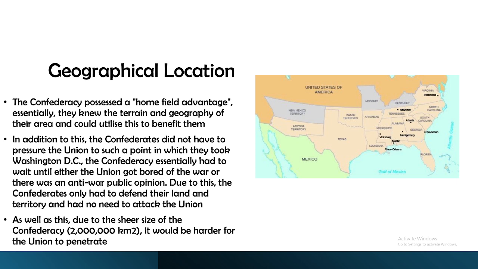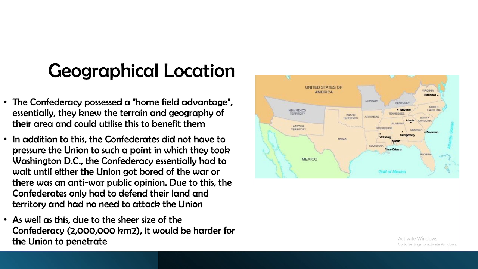So geographically, as already mentioned, the Confederacy had a home field advantage. They knew what their land was like. They knew the terrain of it. Also, just looking at the size of it, the Confederacy is absolutely massive, right? Obviously, the United States as a whole is gargantuan, but the size of the Confederacy, especially places like Texas, is absolutely unfathomably large.